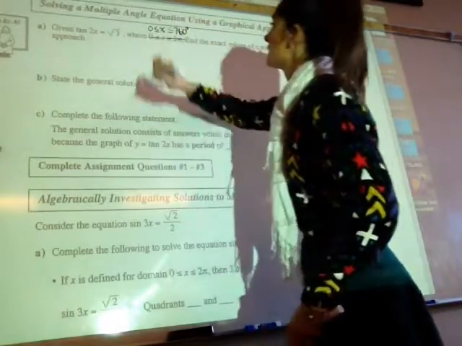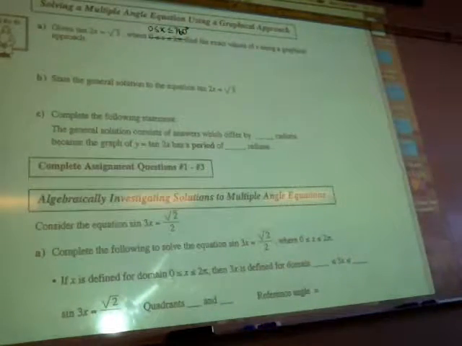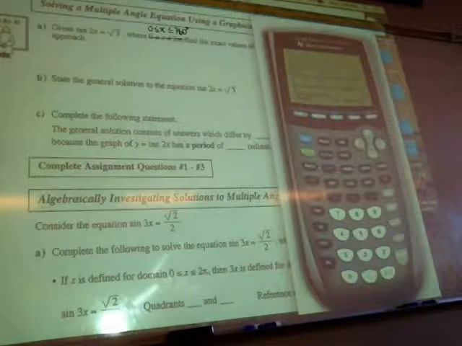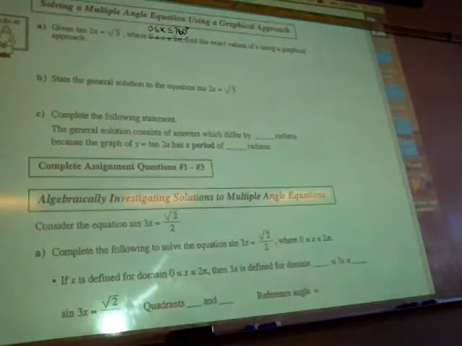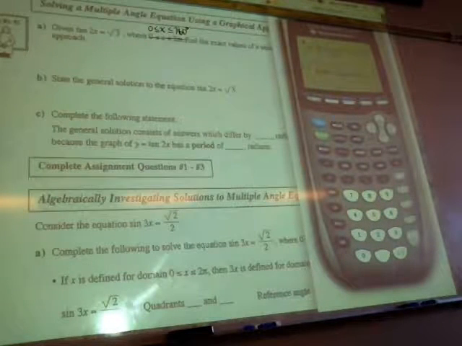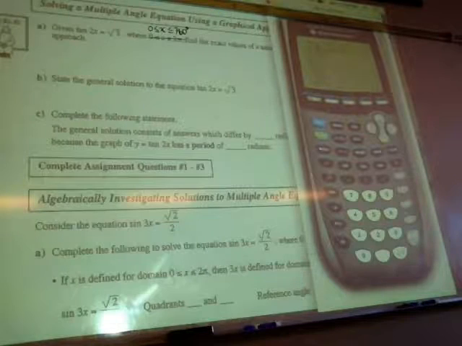We can convert to radians at the end, but our calculator's already set, so let's just go with that. Your y1 will be tan 2x, and our y2 will be the square root of 3.